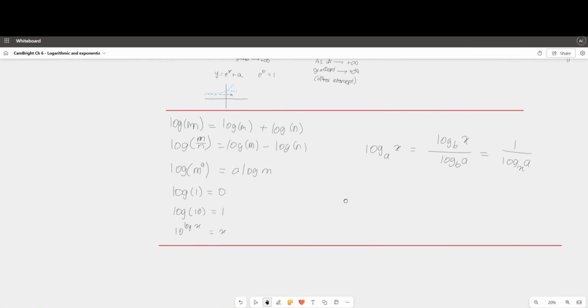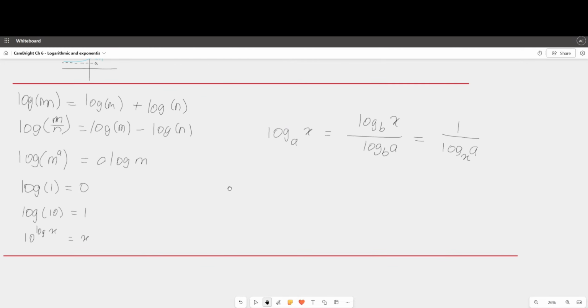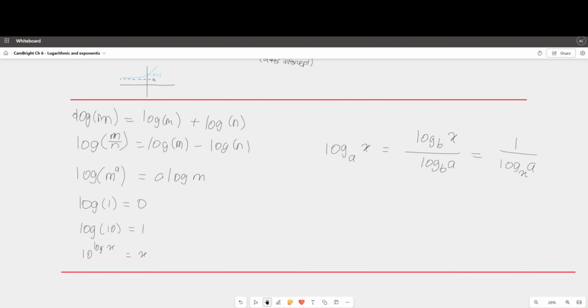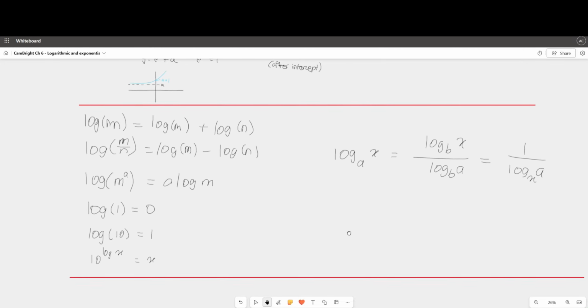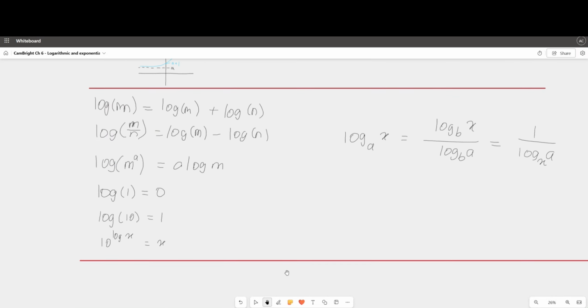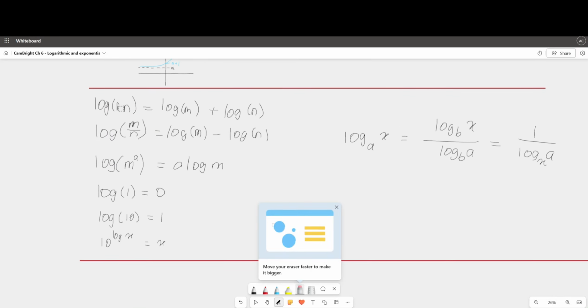Okay, now let's end the chapter with some properties of logarithms, which is basically the algebra part of this. The log of m multiplied by n is the same as log of m plus log of n.